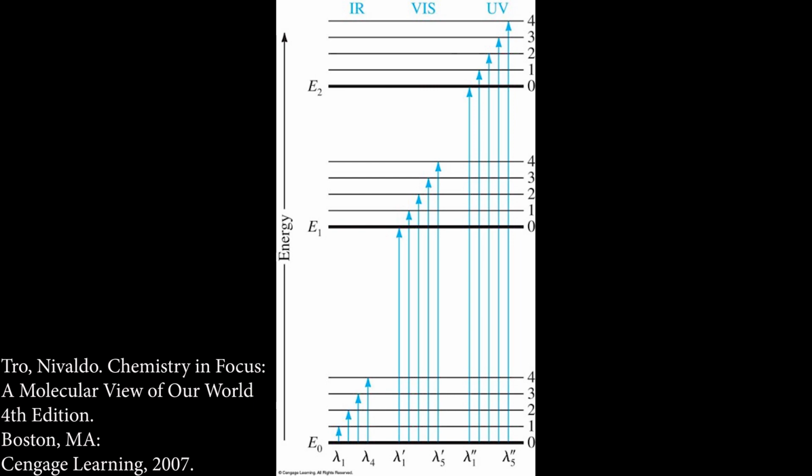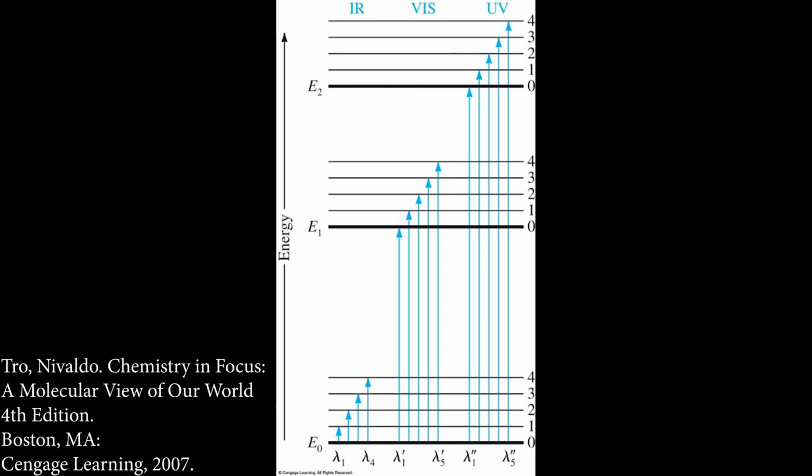To jump around between electronic energy levels, you're talking on the order of 0.1 electron volts, and that energy corresponds to wavelengths in the visible and UV region. But to jump around between vibrational excitations corresponds to 0.001 electron volts. That corresponds to the IR.